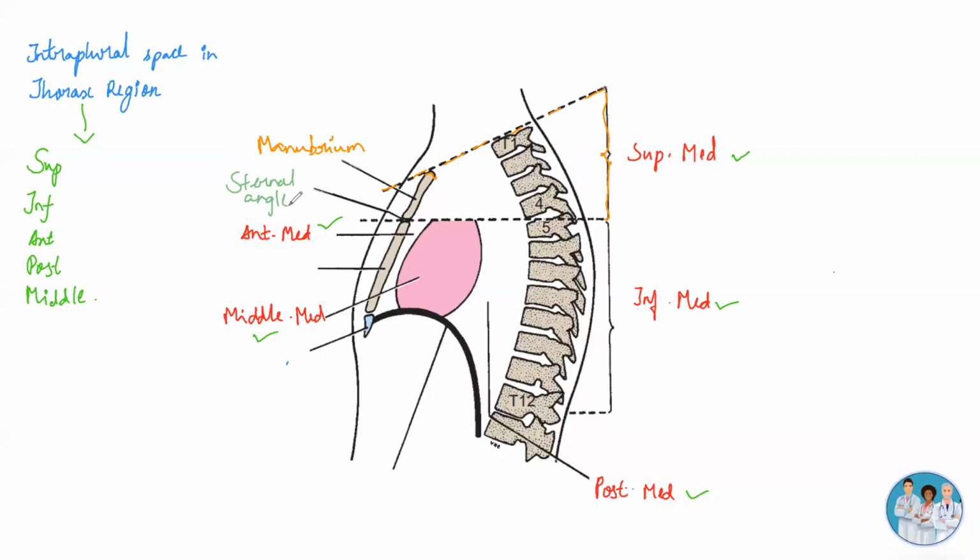The sternal angle makes the end border of the superior mediastinum, as it separates the superior mediastinum and the inferior mediastinum.